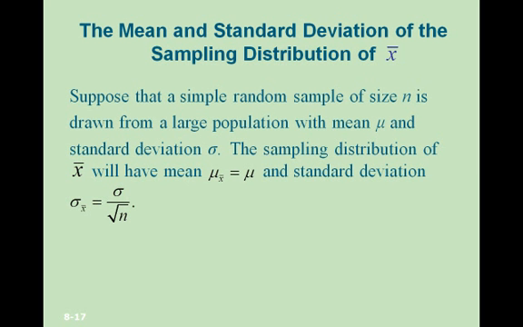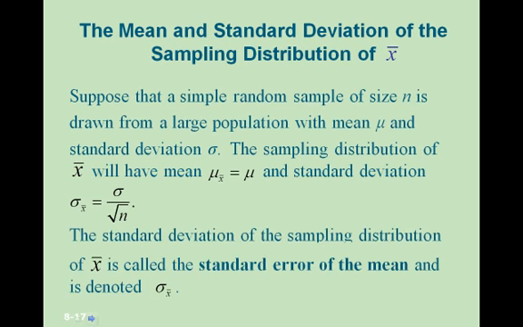And our standard deviation for our means, sigma with a subscript of x bar, is equal to the original population standard deviation divided by the square root of n, where n is our sample size. The standard deviation of the sampling distribution of x bar is called the standard error of the mean and is denoted by sigma with a subscript of x bar.